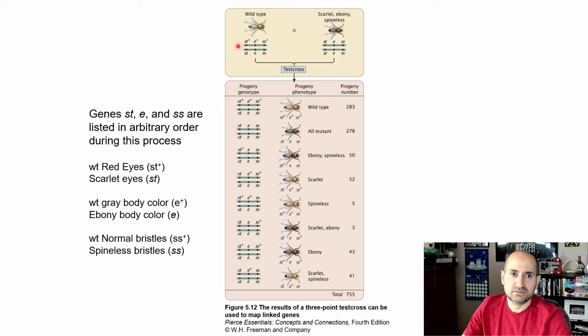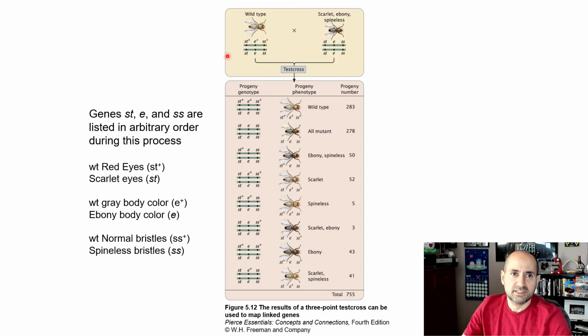It's wild type on 1 chromosome, so it's cis configuration on 1 chromosome, and it's mutant on the other chromosome, but it appears wild type because the wild type alleles are dominant. And then the other parent is homozygous recessive. Now we do our test cross, and that's how you set up one of these 3-point test crosses.